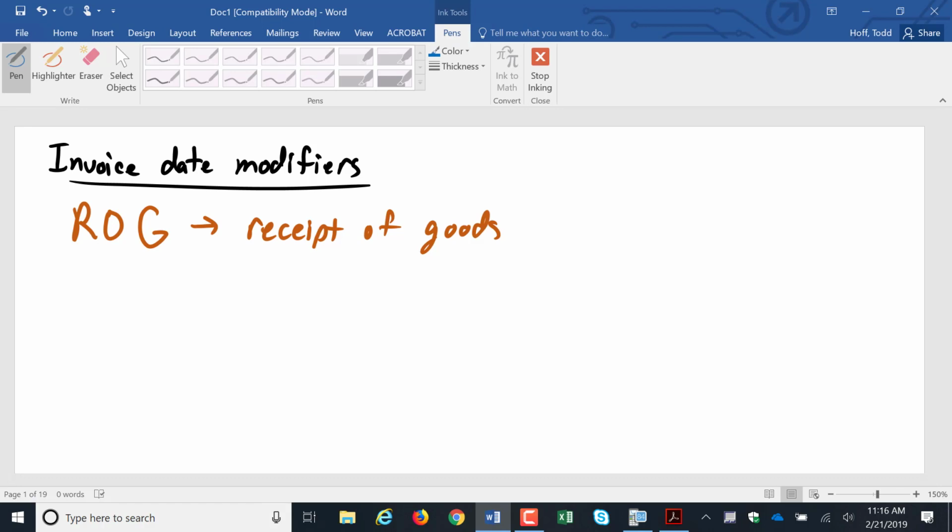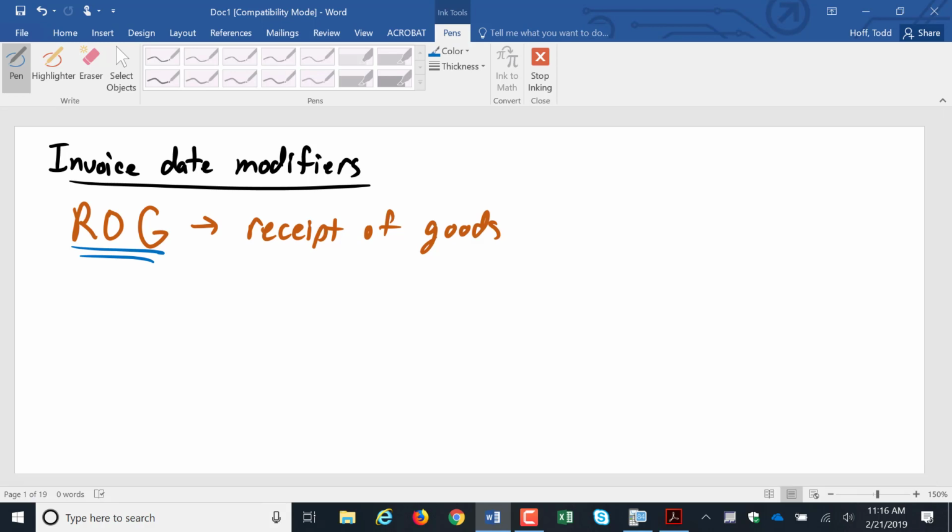So the time it takes to ship it might use up the whole discount period or even a large portion of the credit period and make it difficult for the buyer to take advantage of those benefits. So they modify the invoice so that the effective date of the invoice, those periods start on the date that the goods are received by the buyer.